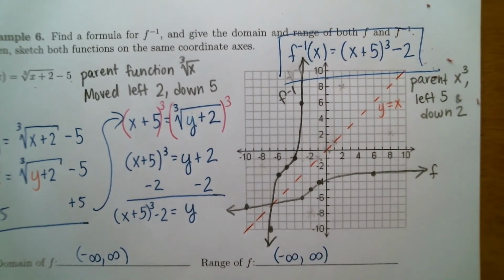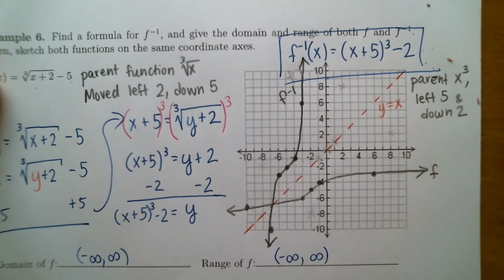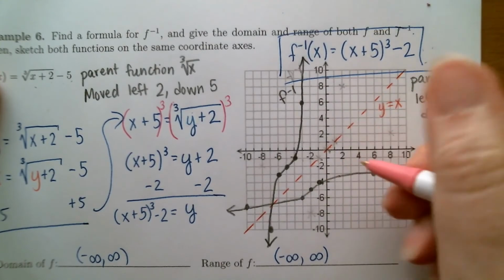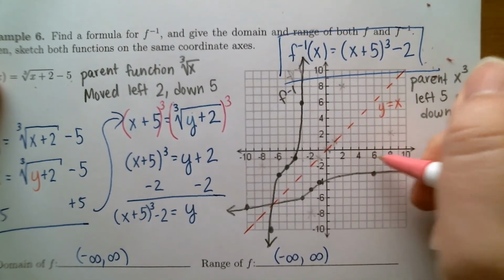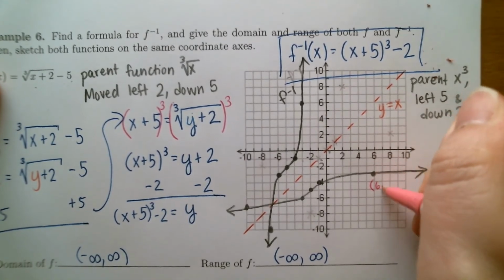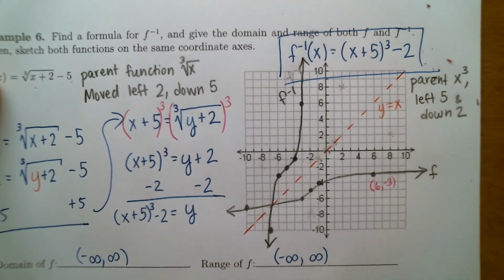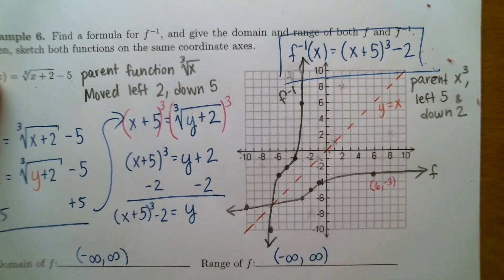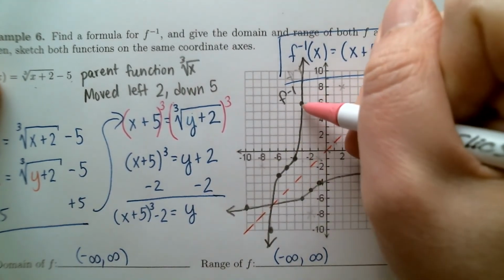You can do a little check here. If you take a point on the original, this is (6, −3). If you flip-flop those points, you should see that on the graph of the inverse. If we switch the x and the y coordinates, (−3, 6) should be on the inverse, and it is right here.